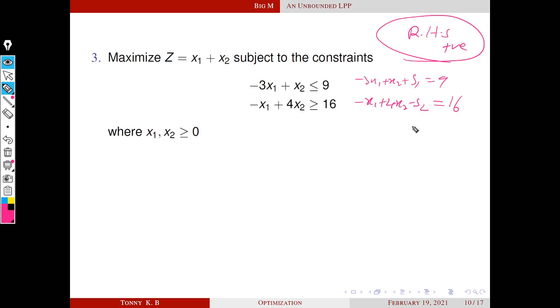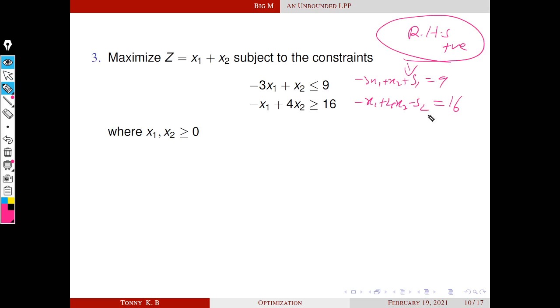To solve using the simplex method, we need two basic variables. In the first constraint, we can treat S1 as basic, but what about the second constraint? There is no basic variable, or there is no slack variable. So what will we do? Yes, we have to introduce an artificial variable.